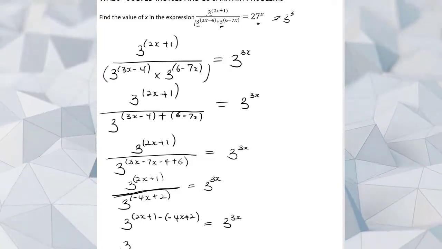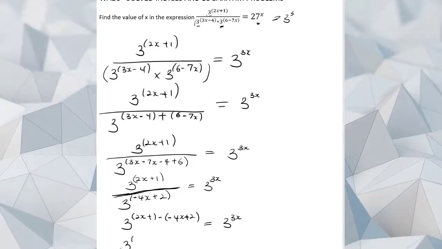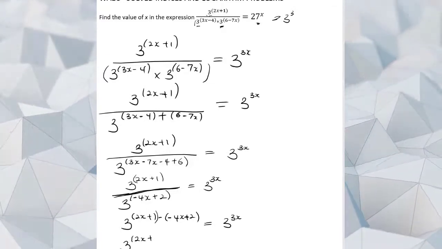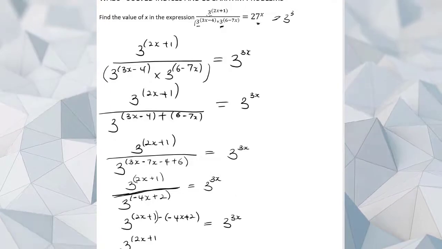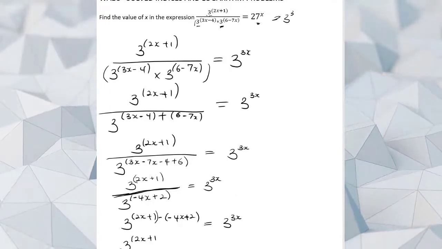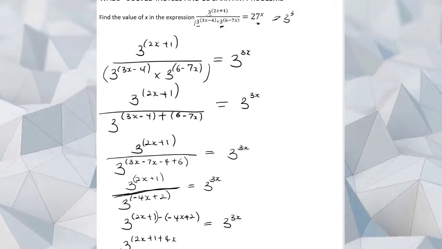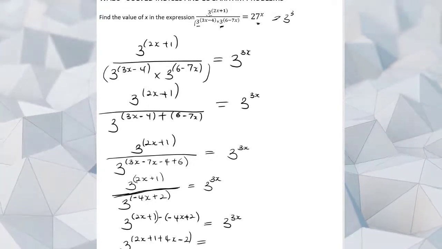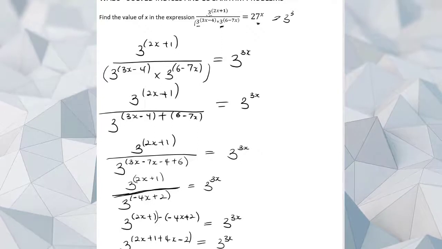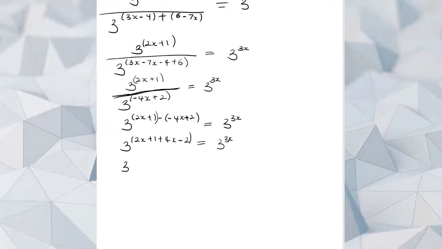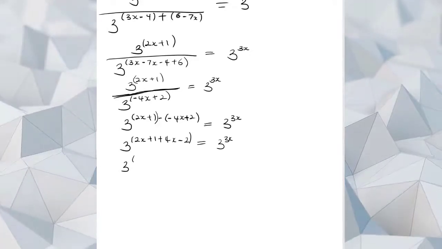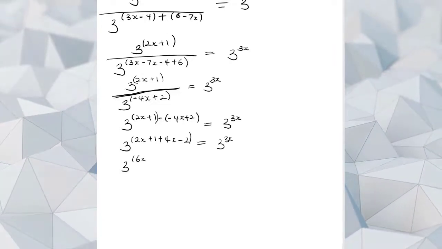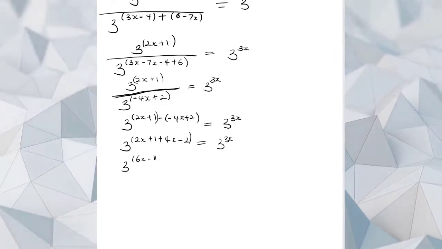So this is going to be 3 raised to power bracket open 2x plus 1, minus times minus is plus 4x, minus times plus is minus 2, bracket close, is equal to 3 raised to power 3x. 2x plus 4x is going to give me 6x, and plus 1 minus 2 is going to give me minus 1.